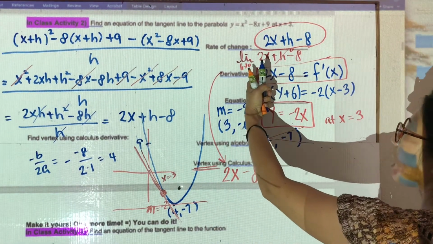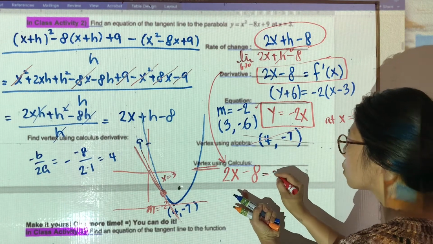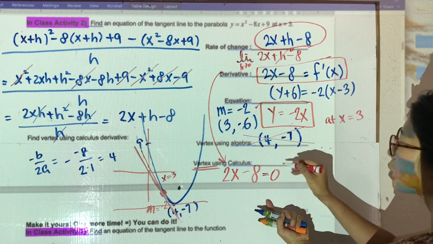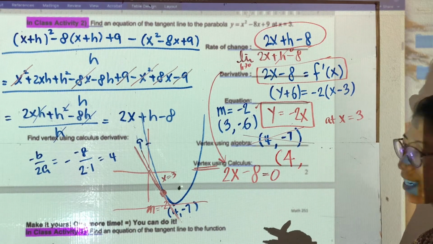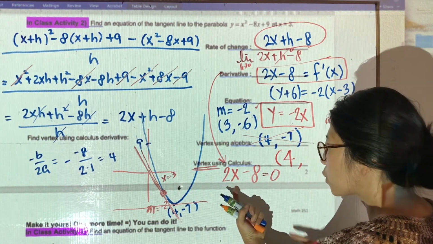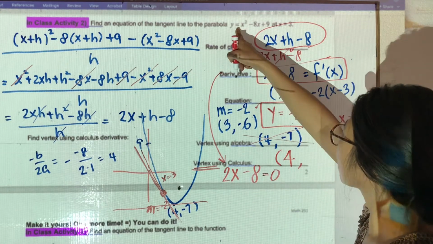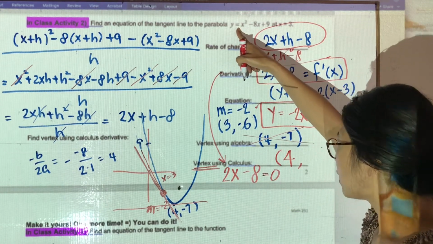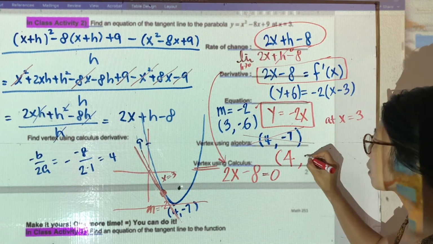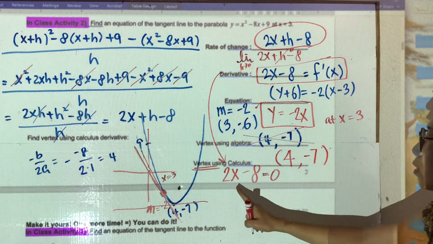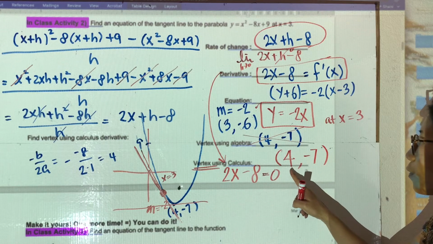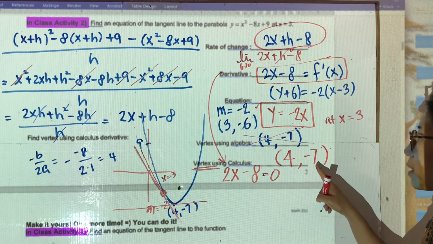From here, I'm going to set it equal to 0. Then do you see that your x value has to be 4, right? And since it is a function, plug 4 into my original function. Then that gives me -7. I did it earlier quickly so that I don't spend too much time. So plugging in, I got my vertex as (4, -7).